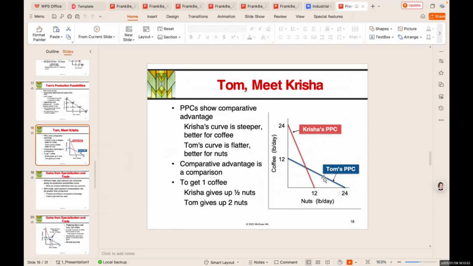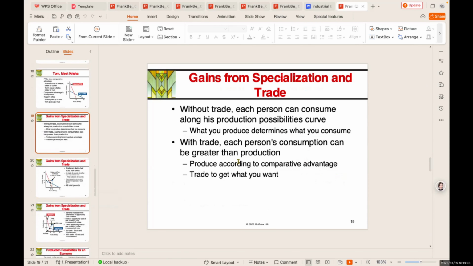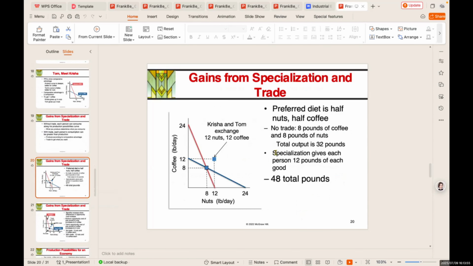As a result, Krisha should spend all his resources producing coffee, and Tom should spend all his resources producing nuts. After the specialization and trade, the consumption level of each one is at an unattainable level of their own production possibility curve. You can see here.